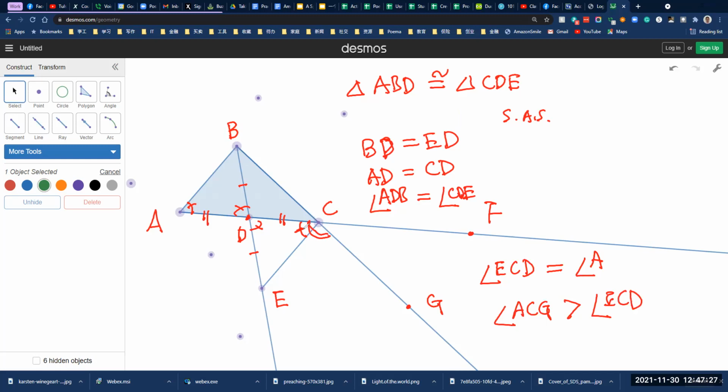So this angle is bigger than that angle, and we also know that angle is congruent to A. But what about ACG? Now, ACG is a vertical angle of BCF, right? They're vertical angles. So therefore, BCF is greater than angle A. Good? So now we proved that the exterior angle is bigger than B and also bigger than A.